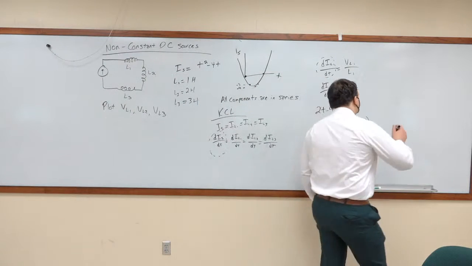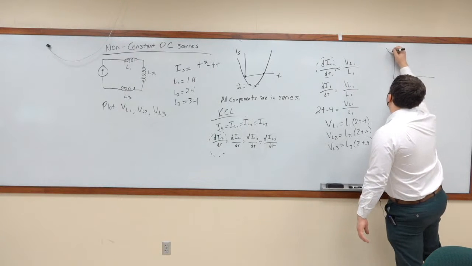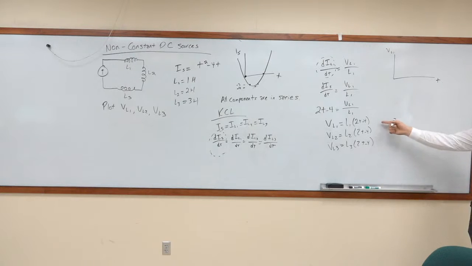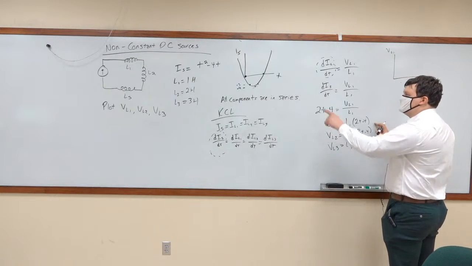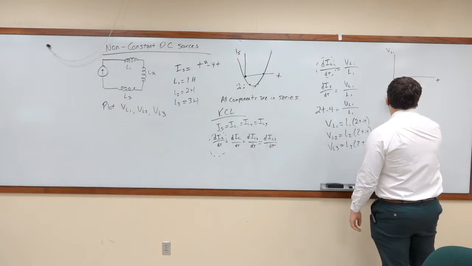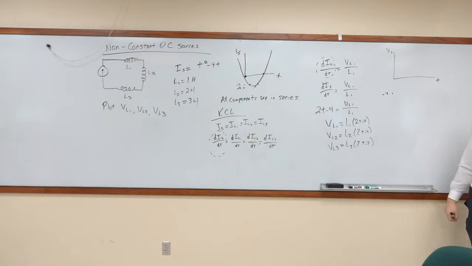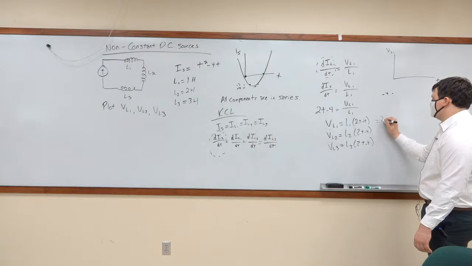So if we go to plot these, VL1 versus t, what is this going to look like? At t equals 0, what is the value of this function? Yep. Because L1 is 1, yes. At 1 second, what's the value of this function? Guess I should write out the actual.